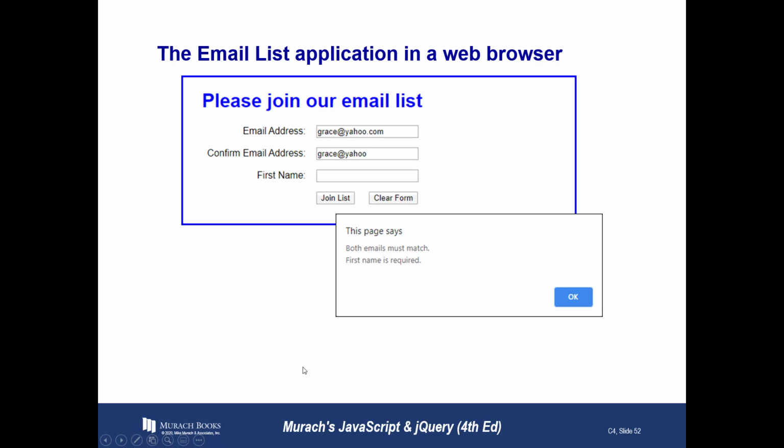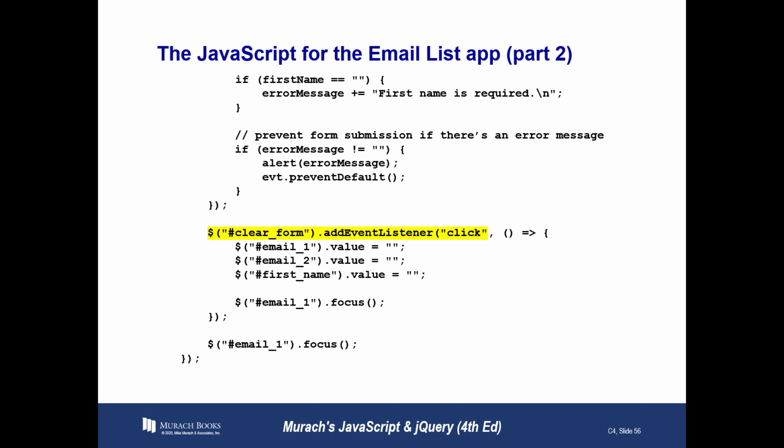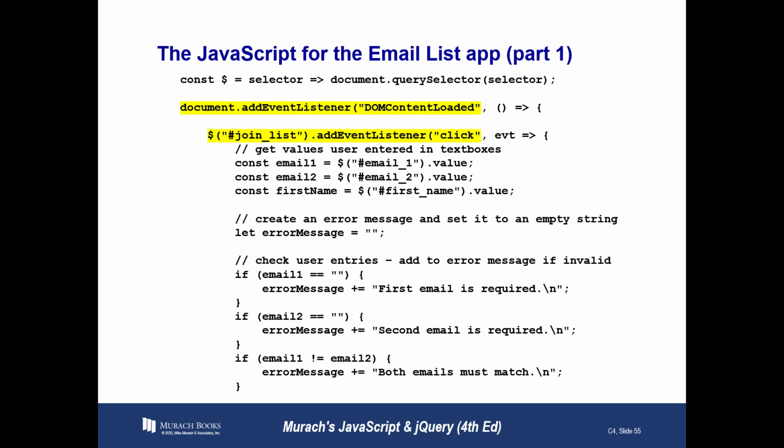Then they go through it again, the same kind of thing, but with the email list. Again, that isn't that different. What's different is what's in these last two slides. Again, notice the join list, the click event. We're doing the same types of things we did before. All right.